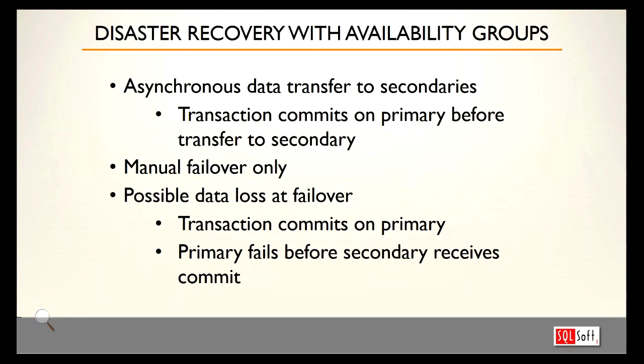So it's either going to be done by a person or in some code somehow. The failover commences before the secondary has received that commit record, and that's the only possible way that you can lose data in this situation. The transaction commits on the primary, that commit message is not received by the secondary, and so when the secondary recovers that database for writing, it rolls back that transaction, not knowing that it had been committed.